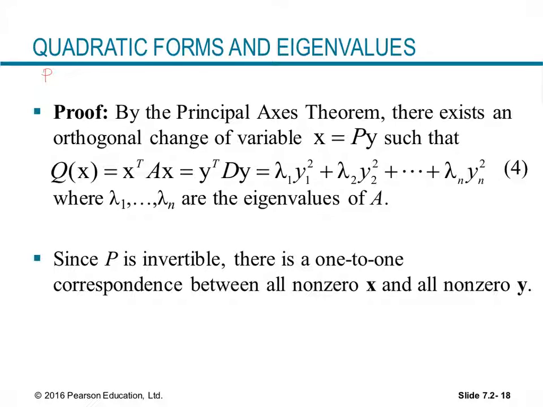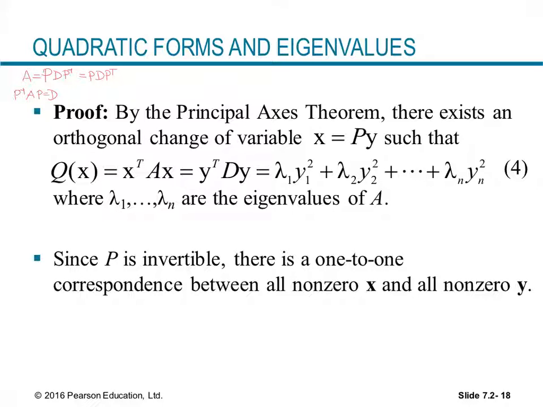Then we can write A as the product of P, D and P inverse. Or since P is orthogonal, A can be written as P times D times P transpose. Or in other words, P inverse times A times P will be a diagonal matrix D.